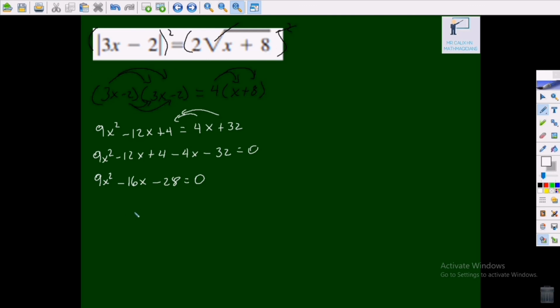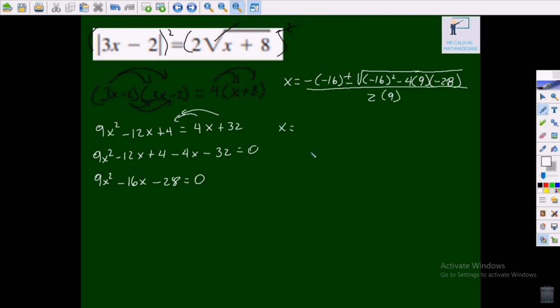We are going to use now the quadratic formula. x is equal to negative b, so it'll be negative negative 16 positive negative square root of negative 16 squared minus 4 times a, that is 9, and c, that is negative 28. All this divided by 2 times 9, that is a.